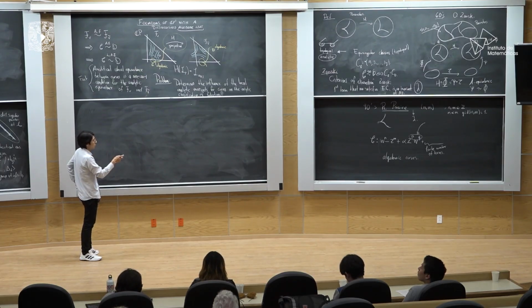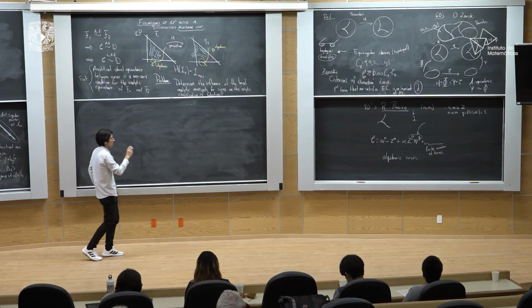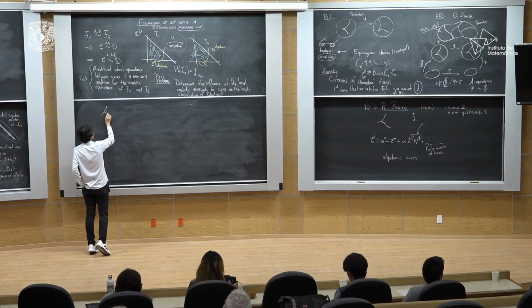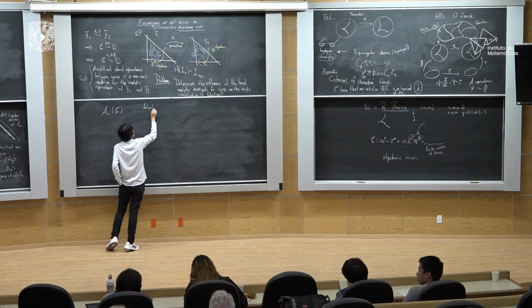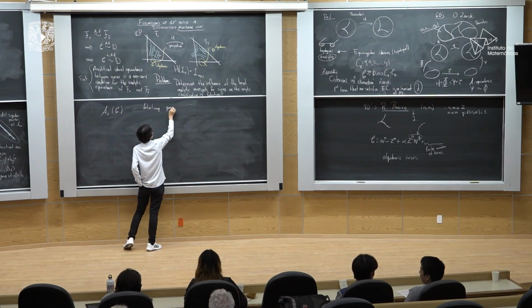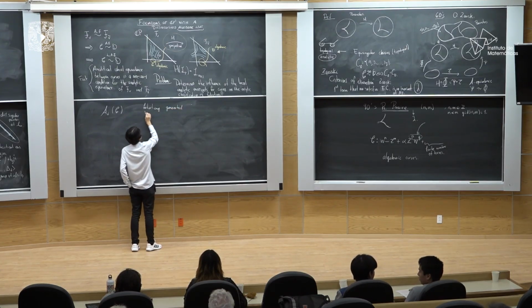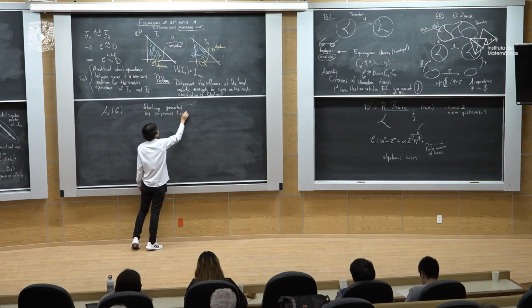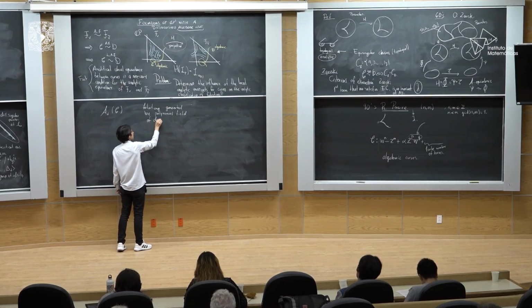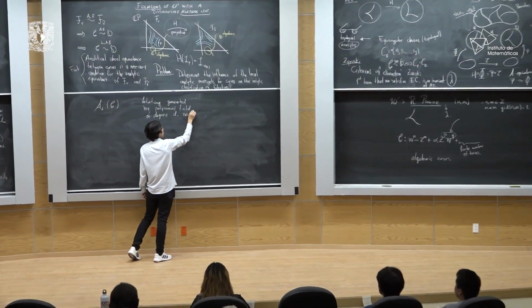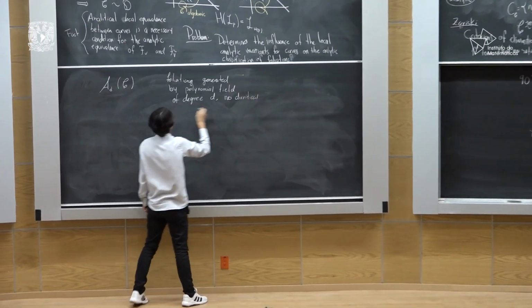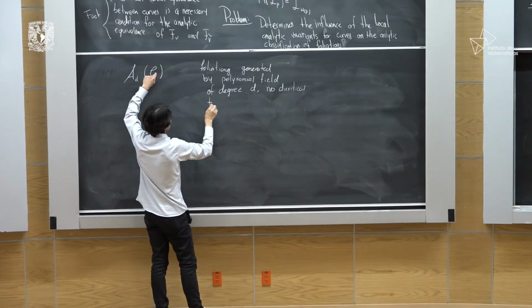By the time, I try to present some general facts of foliations having a polynomial vector field of degree d that are non-dicritical and tangent to a fixed algebraic curve.